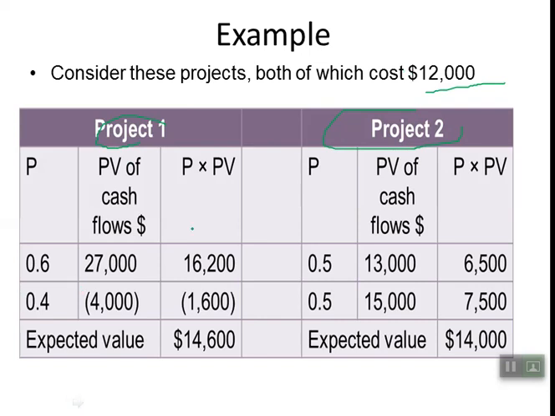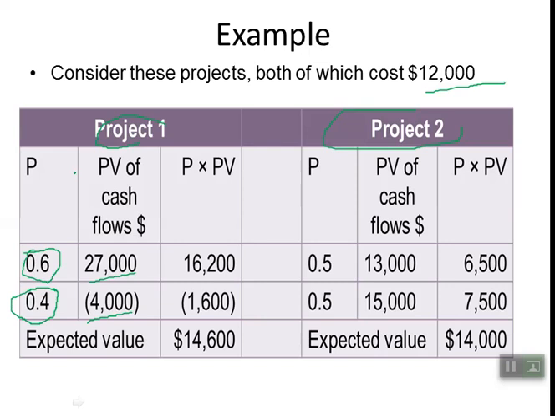Now these are the probabilities for the cash flow to occur. For project 1, we have a probability of 0.6 and your cash flows, these are present value cash flows, is 27. This is the same project, sorry. We have another probability of 0.4 and you may get a loss of 4,000.